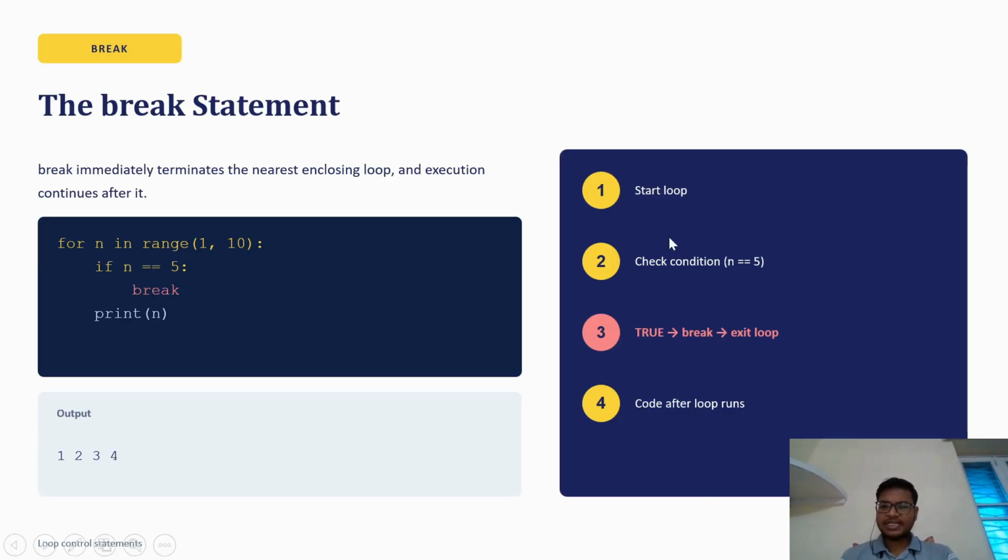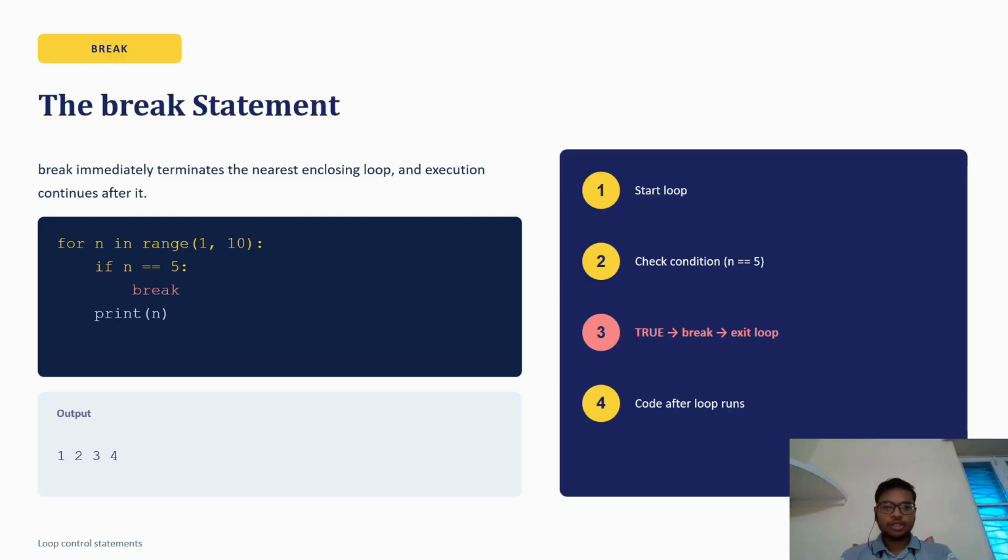Just see the key steps here. First, the loop starts. Before checking these steps, just see this code. Basic example: for n in range 1 to 10, the output is 1, 2, 3, up to 9, not 10.